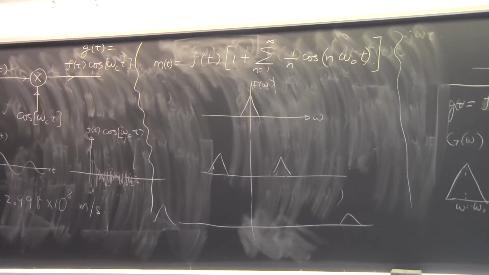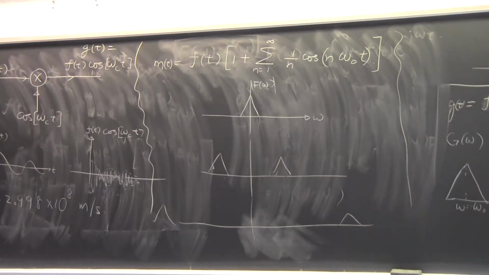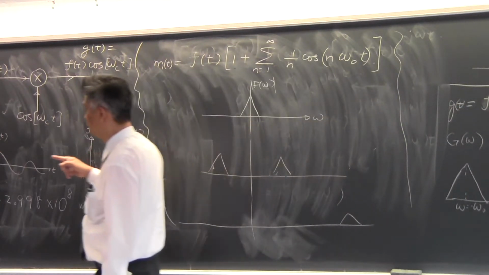Okay, let's talk about demodulation. You have modulated a signal. You have converted the low frequency signal into a high frequency signal so that you can put it through an antenna and get it to radiate. You have to receive this signal, and after you have received it, how do you convert it into something that you can hear? Because you cannot hear anything beyond 20 kilohertz.